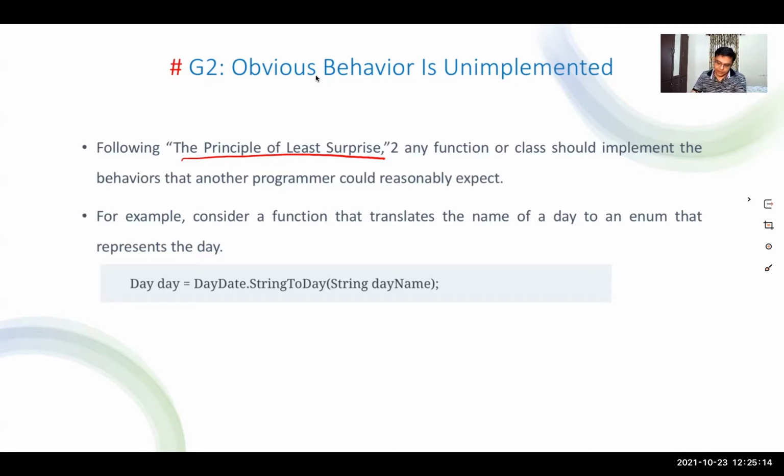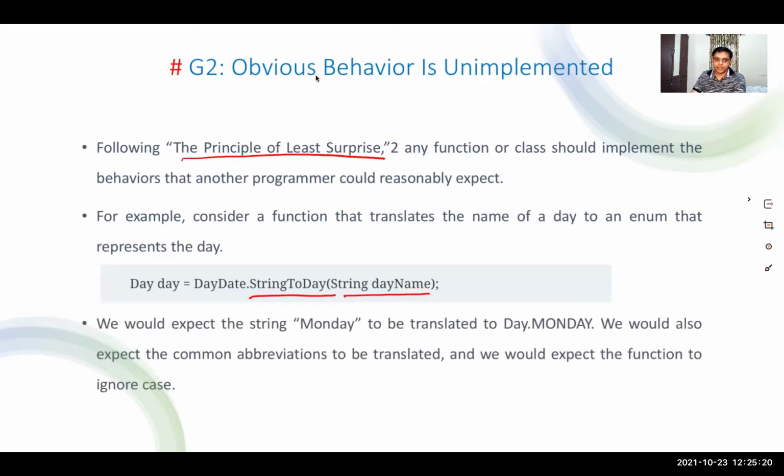I'm passing a string name. What we would expect is a string Monday to be translated to Day.Monday. This is an enum, so a string to enum conversion is happening.